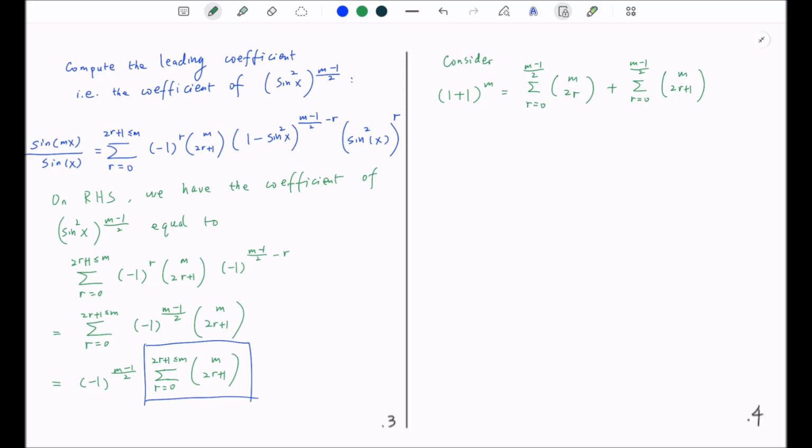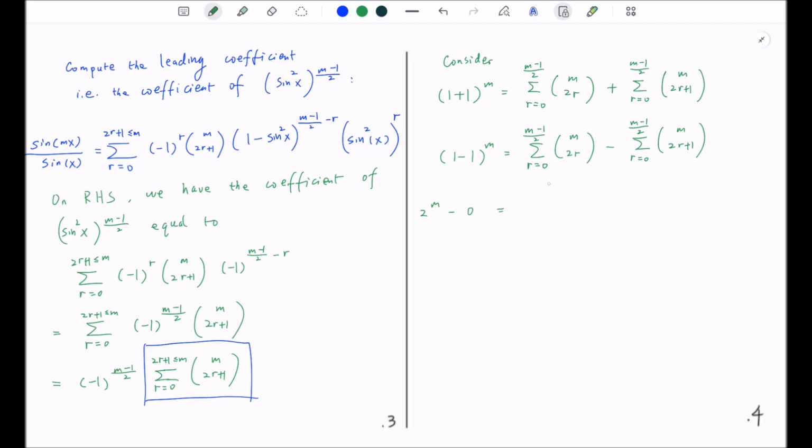And we do this again for 1 minus 1 raised to the power m. And we subtract both sides of this from both sides of this. So this is just 0.